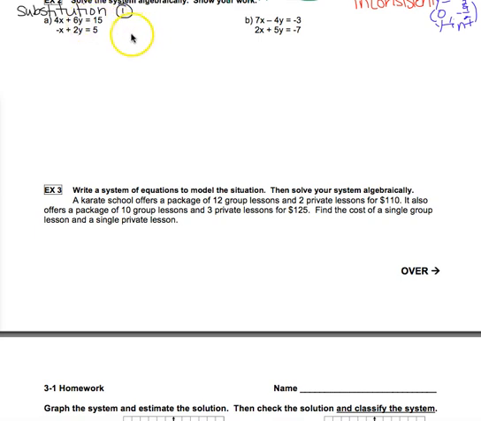When we are solving by substitution, our first step is to get one of the variables alone. Isolate, in other words.